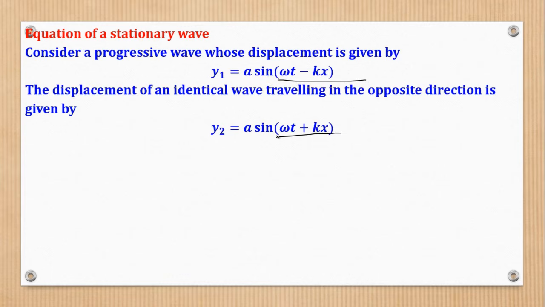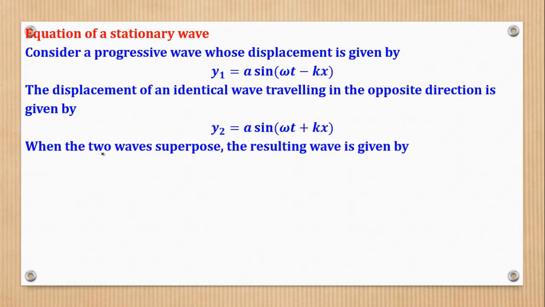Now when two waves superpose, the resulting wave is given by this, so you have to add the two. Now this addition of trig, it is assumed that in your pure mathematics you have covered the topic of trigonometry, because from this step onwards we shall need what we call the factor formula.